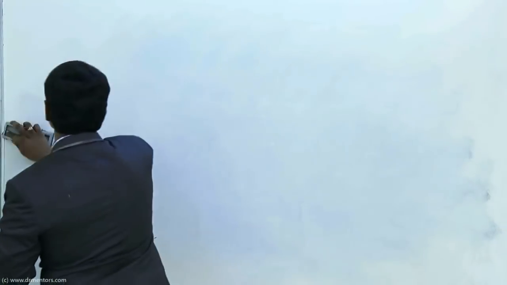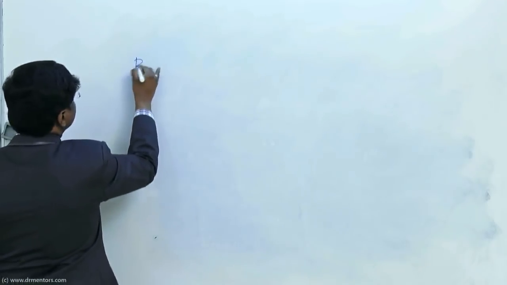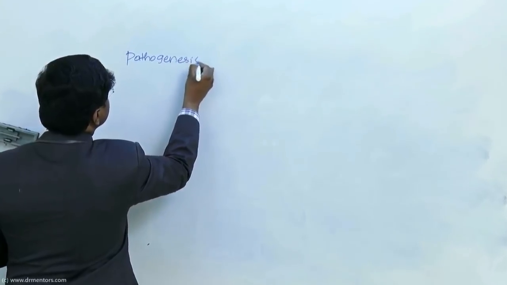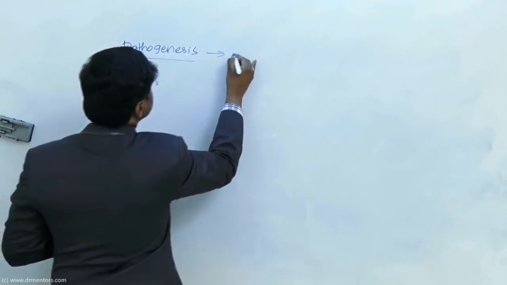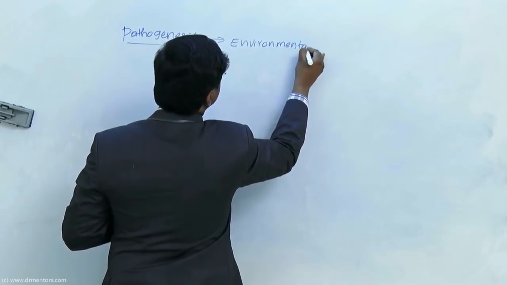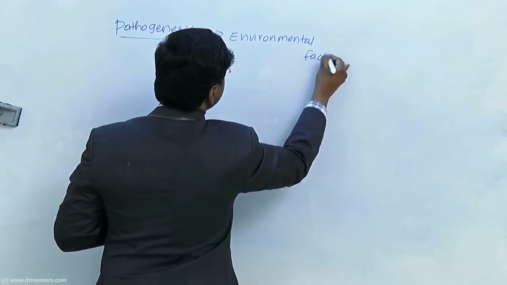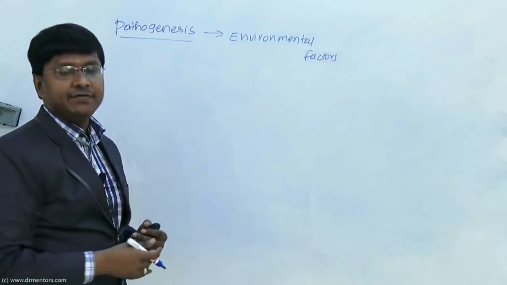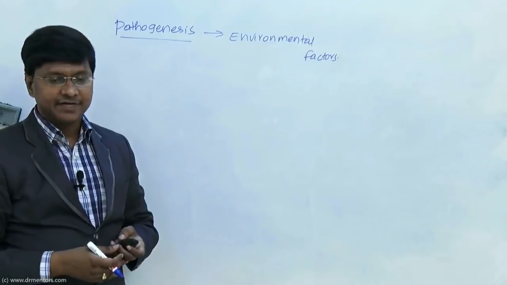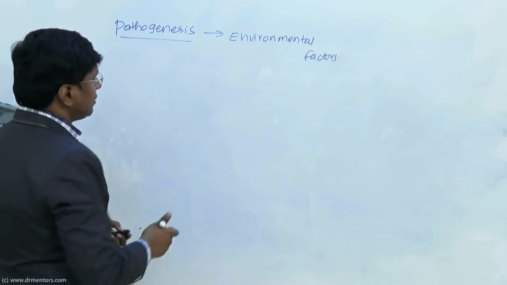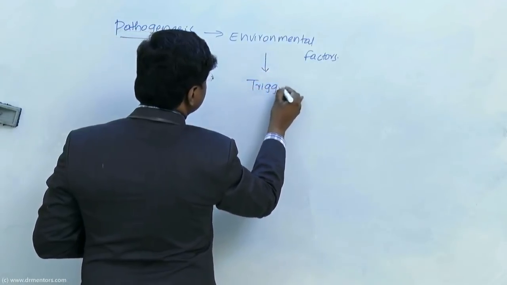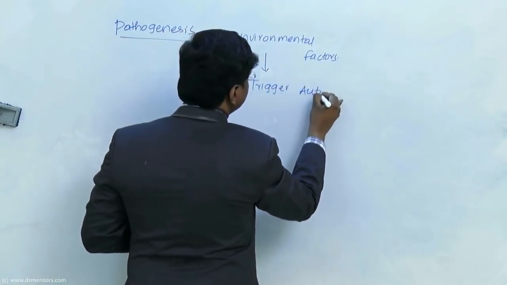Apart from that, in the pathogenesis, remember there are certain environmental factors which play an important role in the development of type 1 diabetes mellitus. Now what are those environmental factors? Remember, these environmental factors will trigger the autoimmunity.